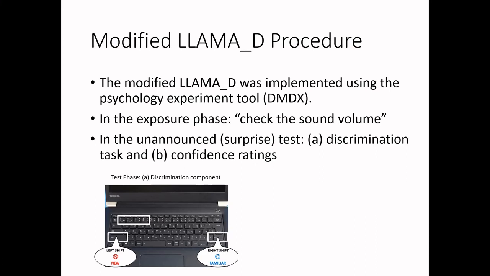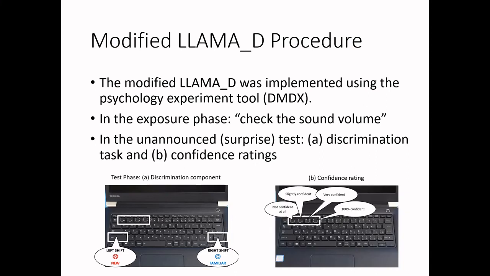And following each discrimination judgment, they had to indicate their confidence levels on a 4-point scale: no confidence at all, slightly confident, very confident, and 100% confident.